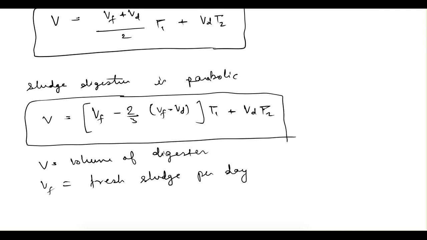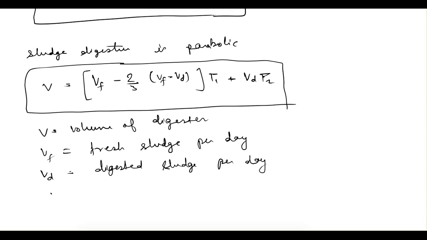Vd is the volume of digested sludge per day. Apart from that, T1 is your digestion time in days, depending upon which bacteria is working, mesophilic or thermophilic, and T2 is the monsoon storage.